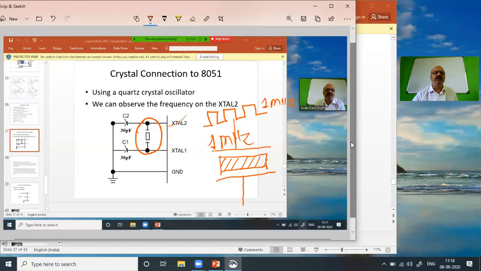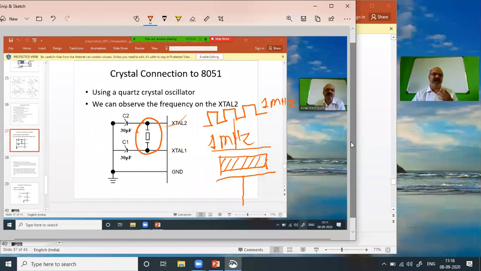Of course, the frequency accuracy will be less. Frequency accuracy in case of piezoelectric ceramics is less as compared to piezoelectric crystals. So piezoceramics are less accurate, while piezoelectrics are more accurate to the frequency. So normally we use these piezoelectric crystals.